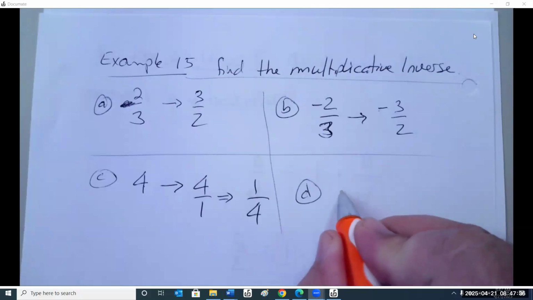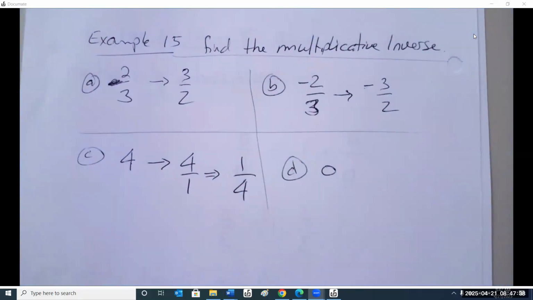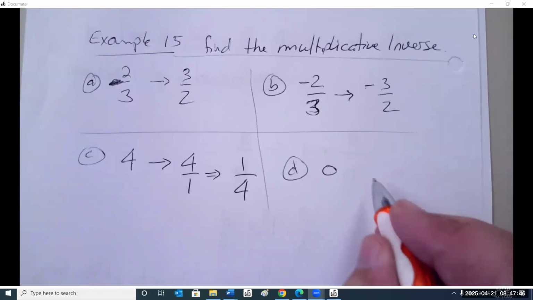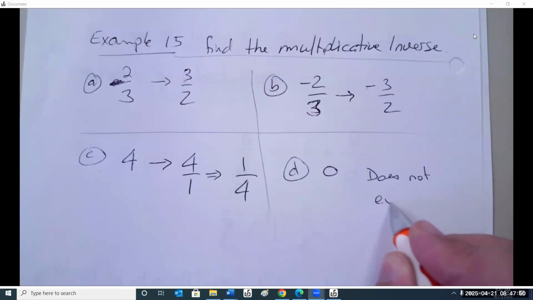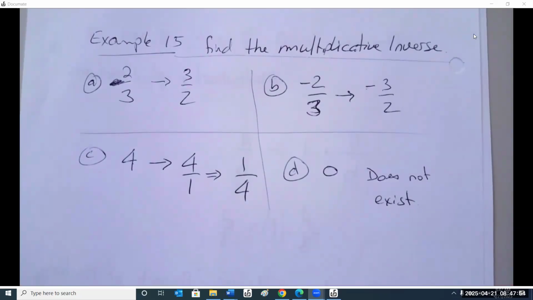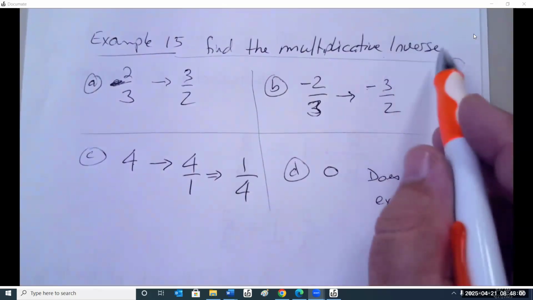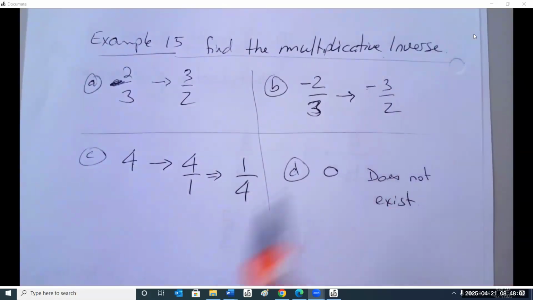And D, the multiplicative inverse of 0. Why does it not exist? Well, remember, how do you know if it's a multiplicative inverse?